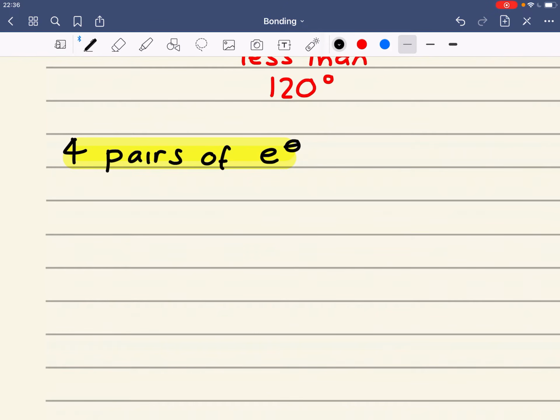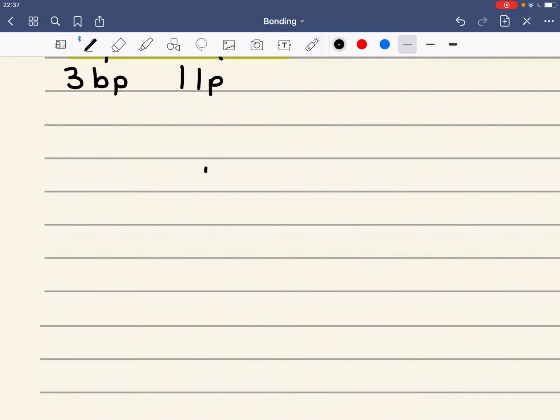But what we're going to do now is replace one of those bonding pairs with a lone pair. And an example here would be ammonia. Ammonia is a molecule which contains 3 bonding pairs and a lone pair.